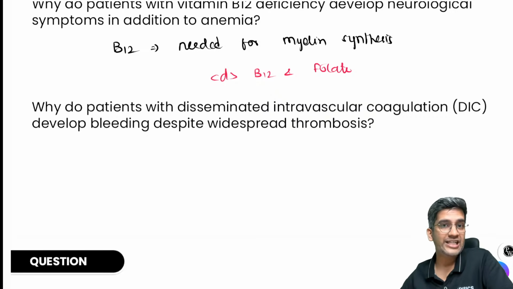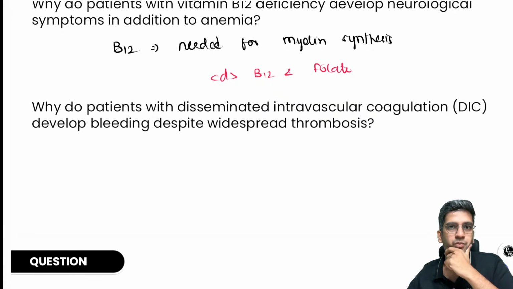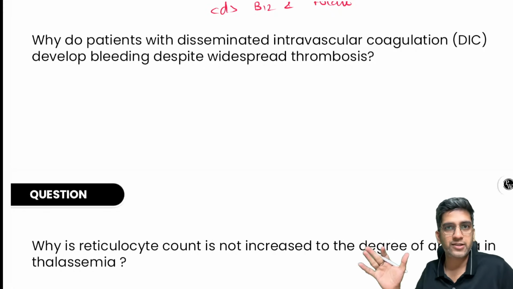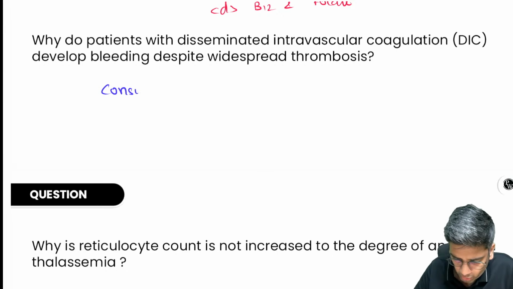Why do patients with DIC have bleeding despite widespread thrombosis? Only one word is enough to know the answer. DIC is also called consumption coagulopathy.